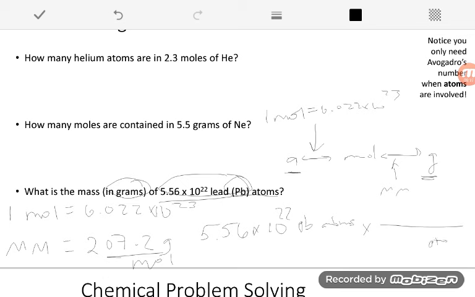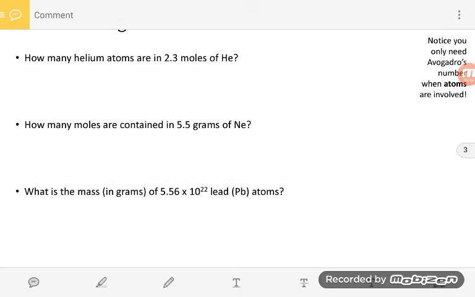In the next one, we know atoms have to go on the bottom, and moles are always in the middle, so moles will go on top. So we look back and we say, okay, this is where I'm going to use Avogadro: 1 mole is equal to 6.022 times 10 to the 23rd atoms. All right, let's rewrite this.